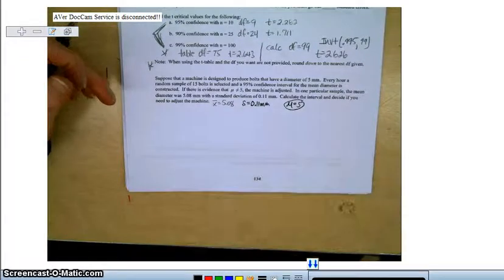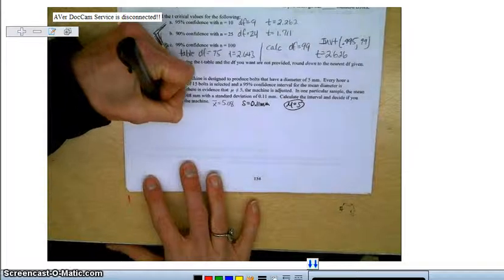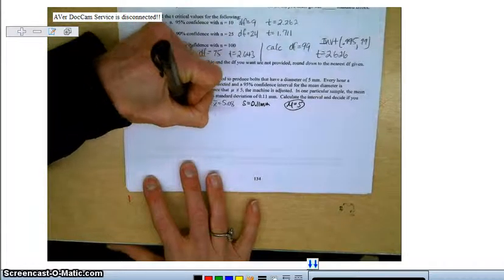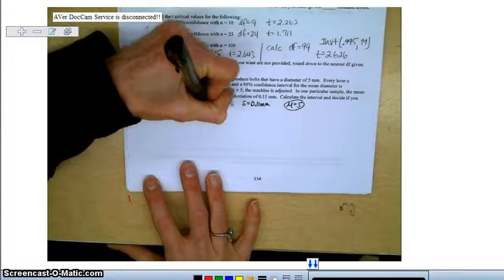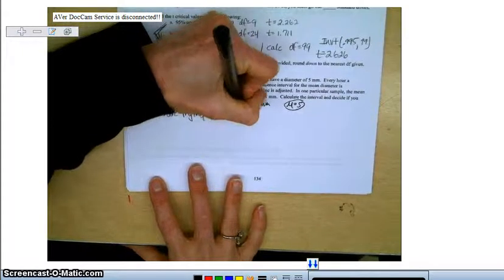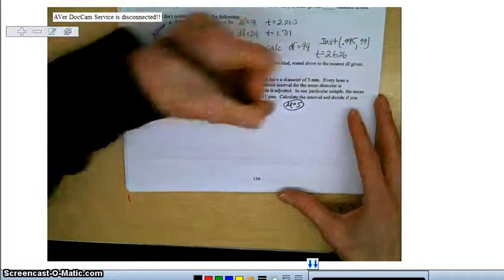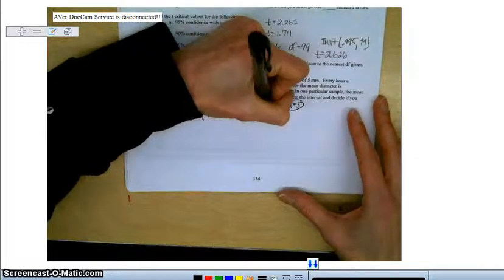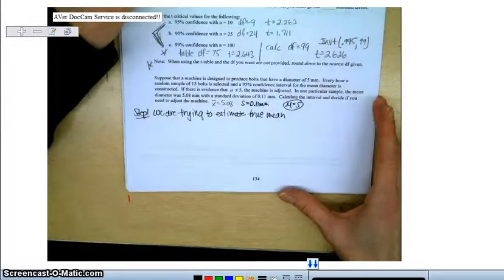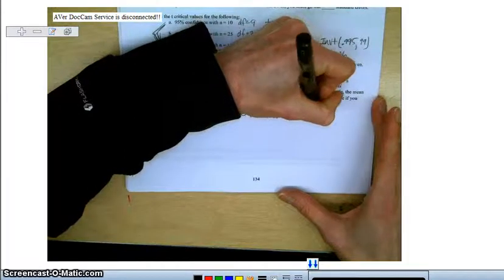All right, so first thing we need to do, step 1, we need to say what we're doing. So step 1, we are trying to estimate. What are we trying to estimate? The true mean diameter of the bolts.